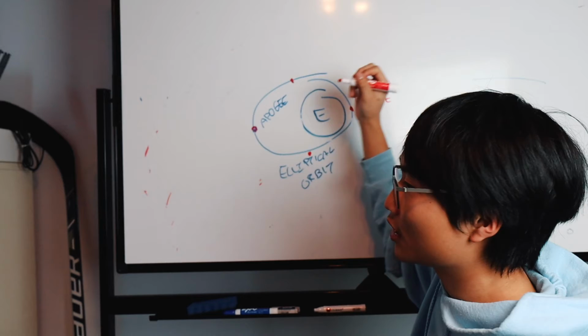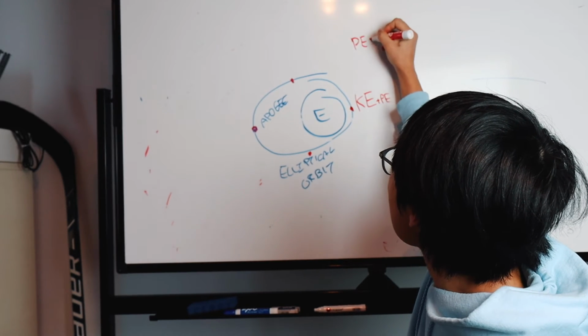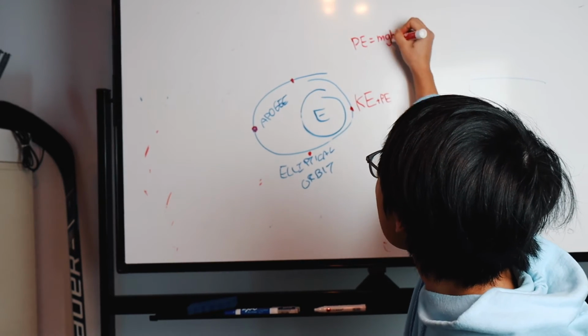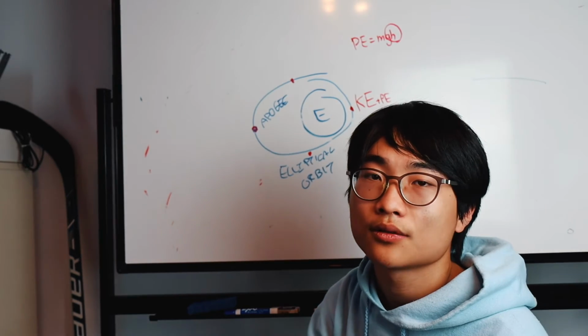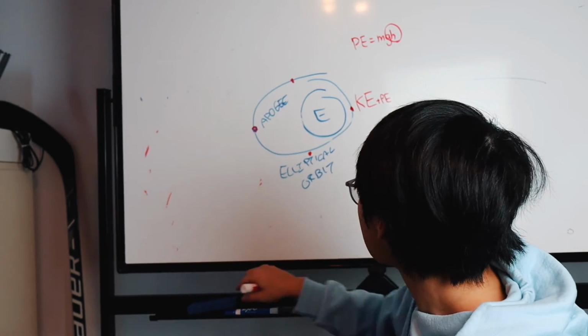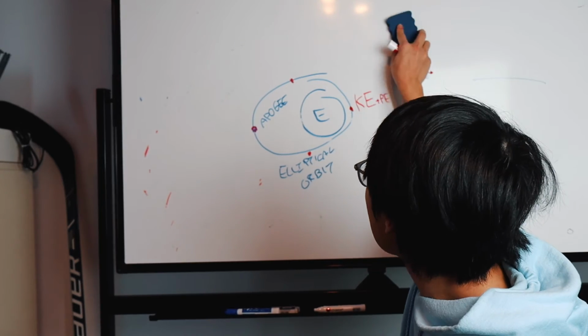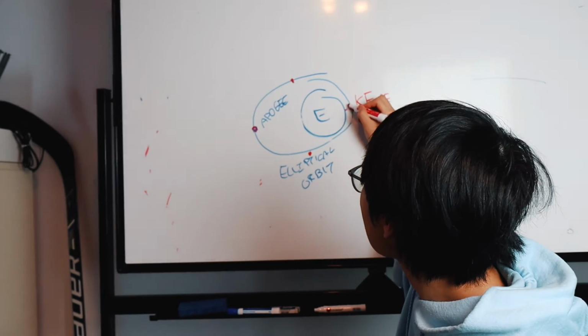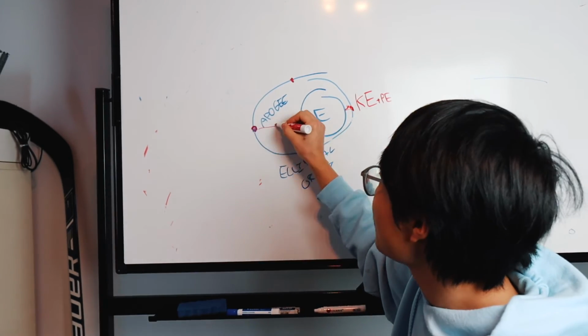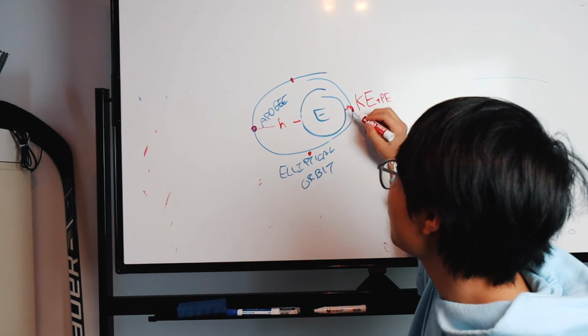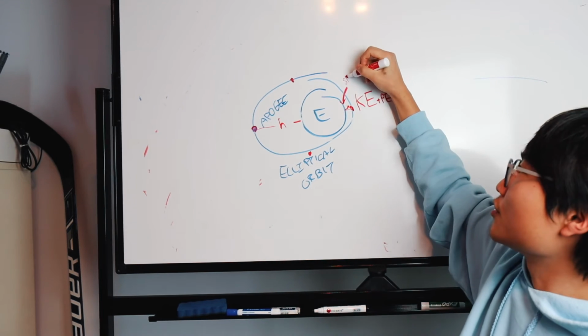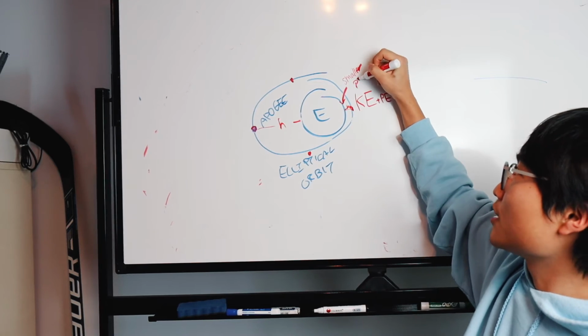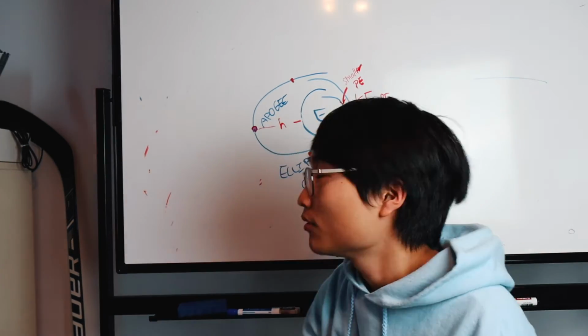We did learn that potential energy equals mgh, meaning that depending on the height, the potential energy is going to vary. And in this case, this height is way smaller compared to this height. So the potential energy here is going to be smaller.